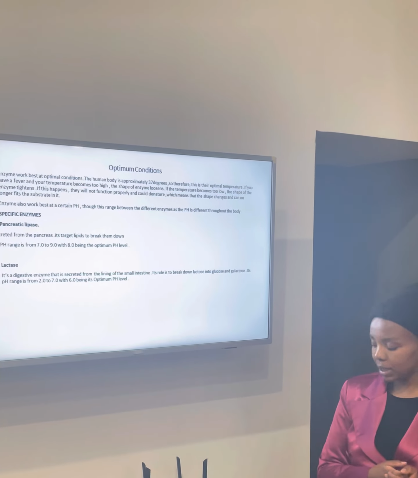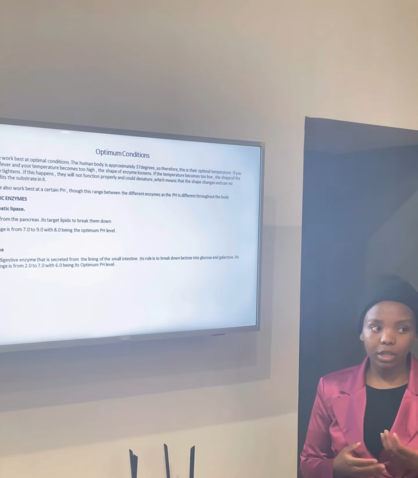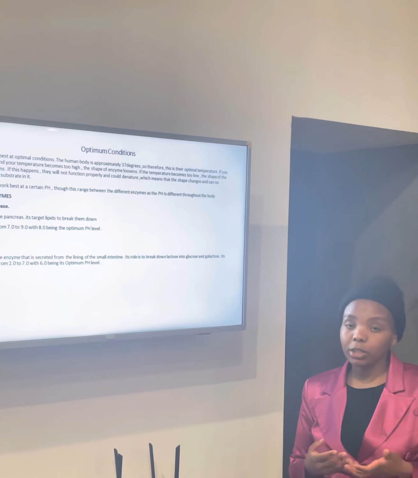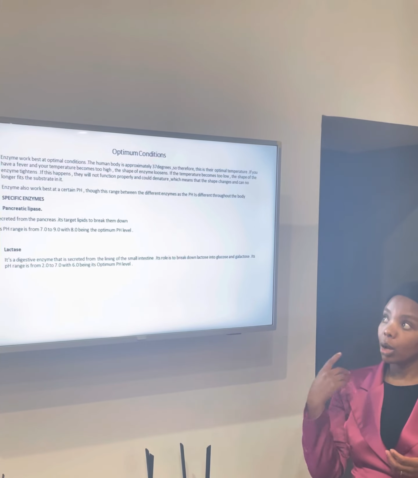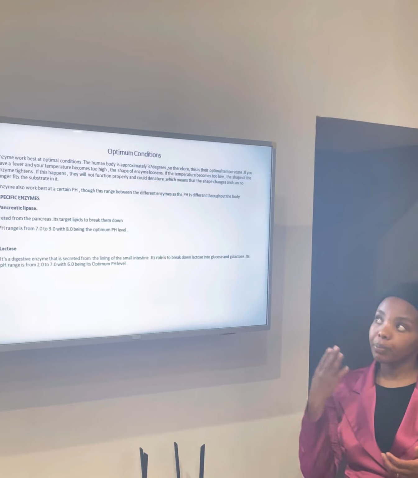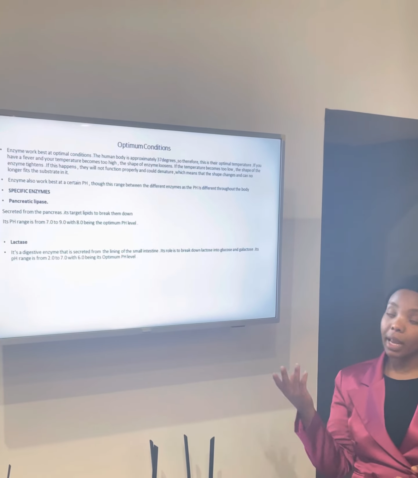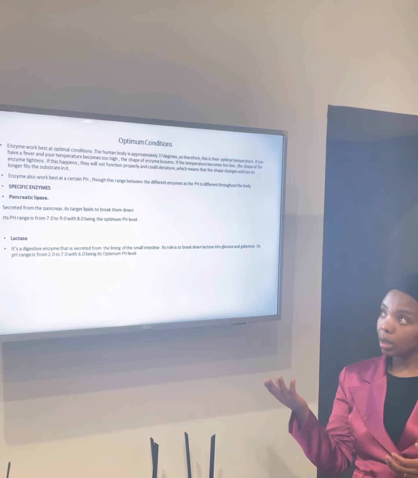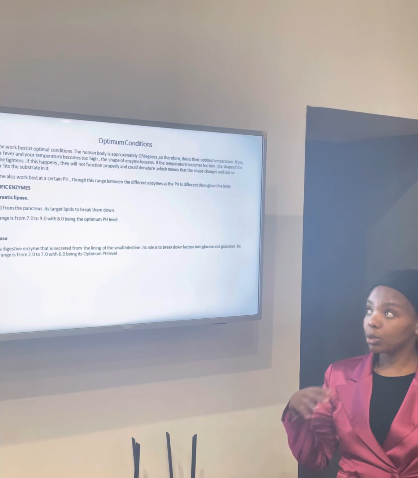Enzymes work best in optimal conditions. For example, in our bodies, normal temperature is 37 degrees Celsius, which helps the enzymes to work effectively. And their pH varies for different enzymes throughout the body.